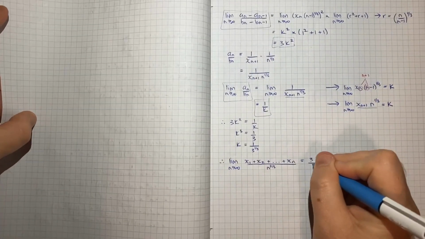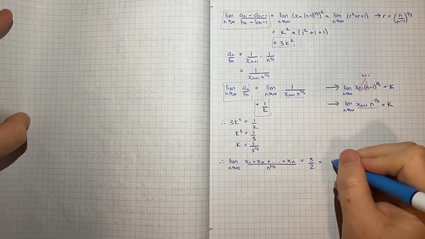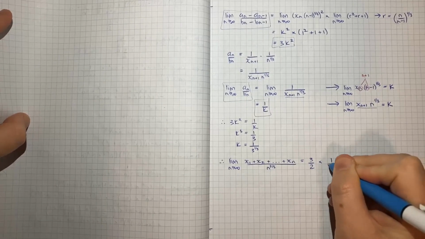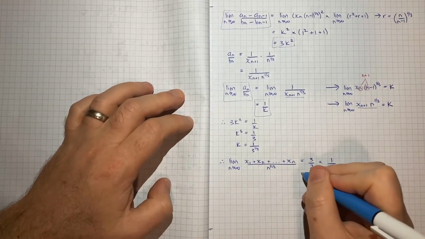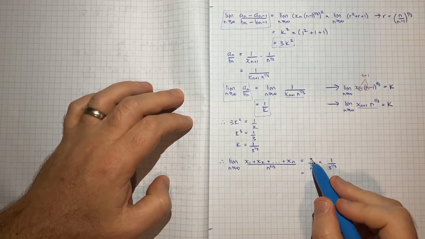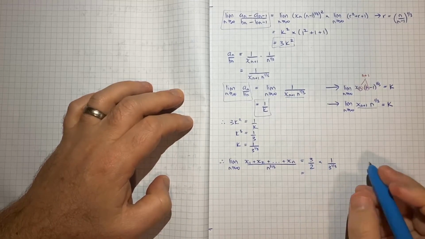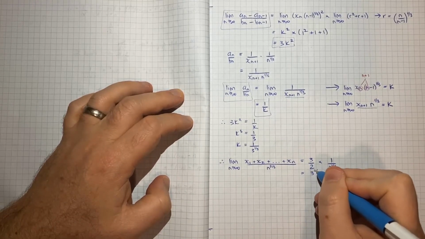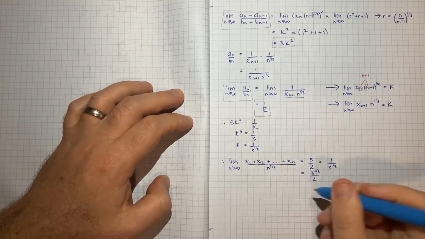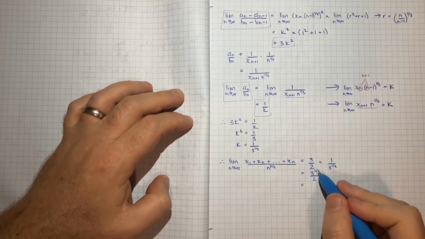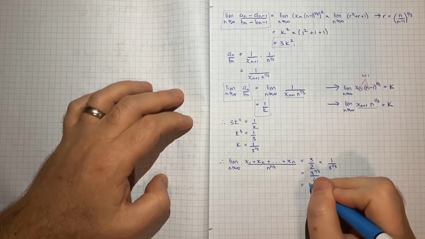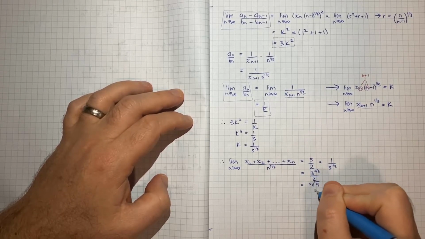So 3 on 2 times 1 on 3 to the third, which will equal the 3 divided by the 3 to the third will get us 3 to the 2/3 on 2. So that's really the cubed root of 3 squared, or the cubed root of 9 on 2.